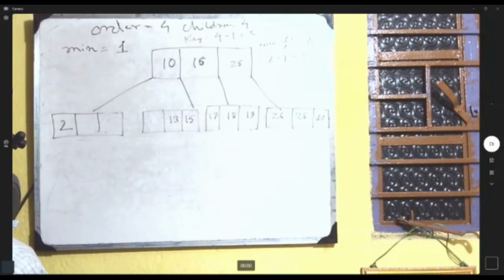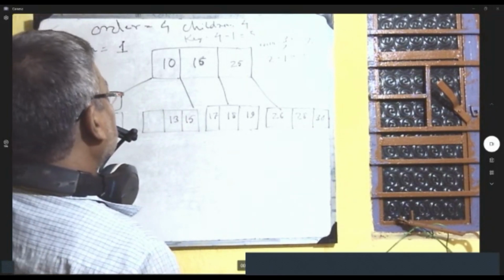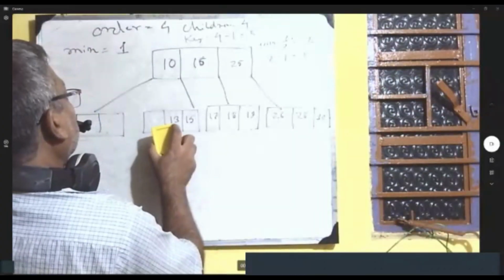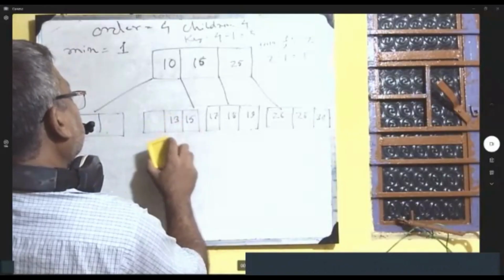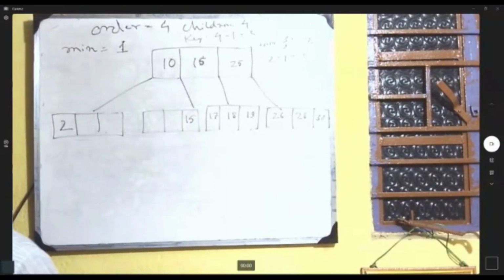Any arrangement or borrowing from another node is not required in this case, because it is already supported. Next, if we delete key 13, we can delete 13 also.